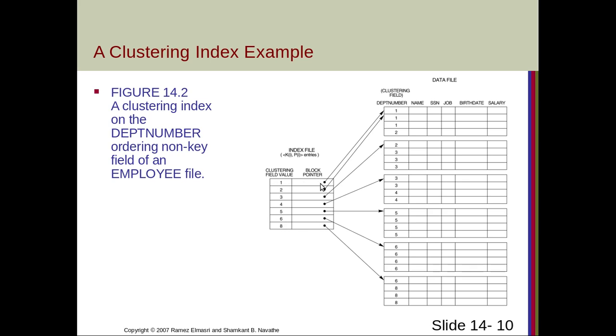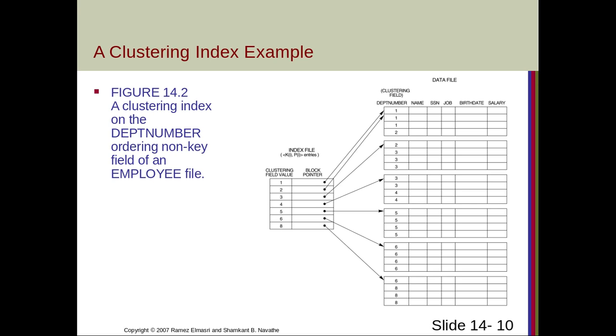Here we have a block pointer, which means 1 is pointing to a block, and in that block number you have the starting point of the clustering, that means all the records having department number 1 are stored starting from that block.